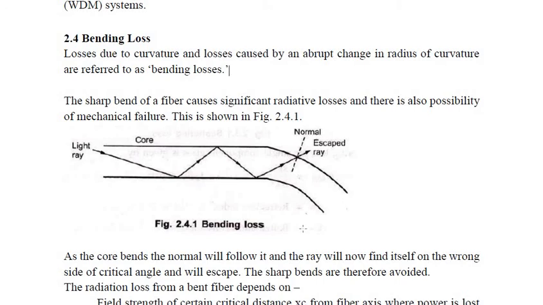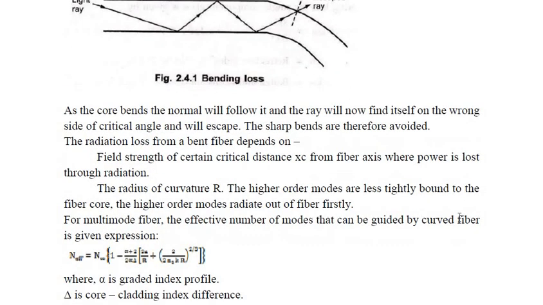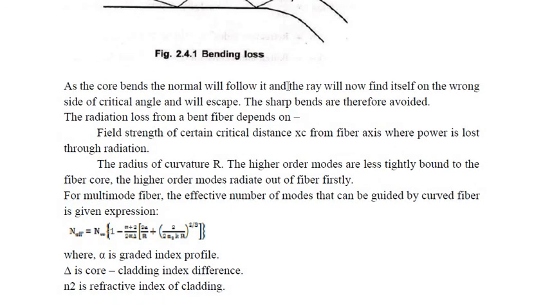As the core bends, the normal will follow it and the ray will now find itself on the wrong side of the critical angle and will escape. The sharp bends are therefore avoided. This is very important.